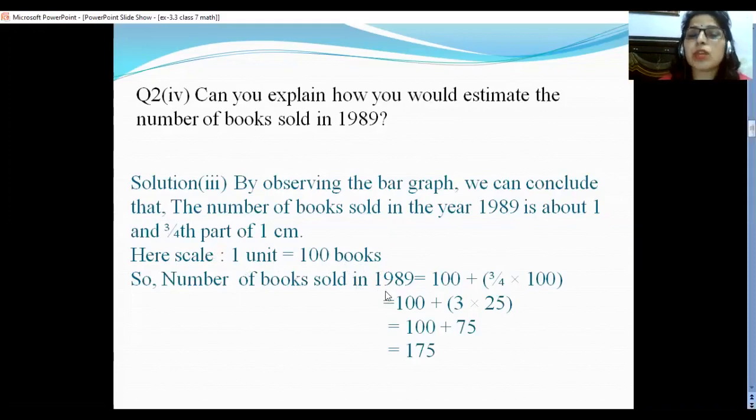So it means the number of books sold in 1989 is equal to one complete unit, meaning 100 books, and the next unit is 3/4 of the one. So 3/4 of one unit means 3/4 of 100 books. If you further solve it, 100 plus 3 multiplied by 25, because here we can do the cutting with the table of 4, and after that we get 25 into 3, which is 75. If you add them you will get 175.